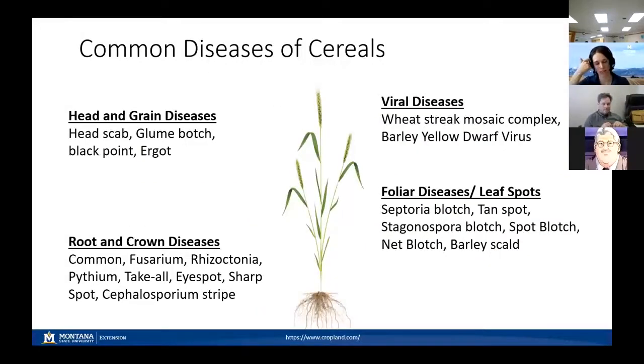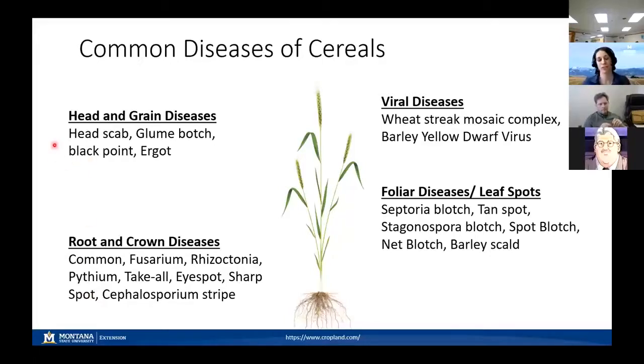I'm probably not telling you anything new if I'm revealing that there are plenty of diseases that can plague our crops, our cereal crops in this slide specifically. Those diseases can affect the root and crown, as well as the foliage, and then also the head and grain.